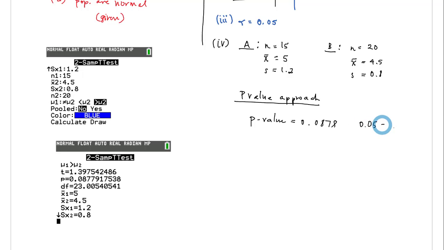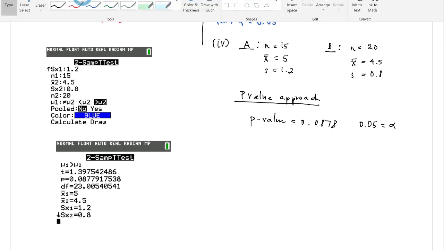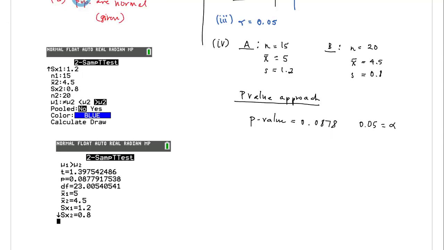And our alpha that was given to us is 0.05. If we compare these two numbers, we can easily see that this p-value is much larger than our alpha.